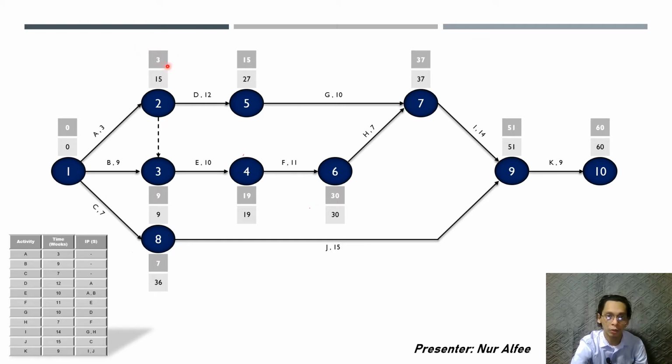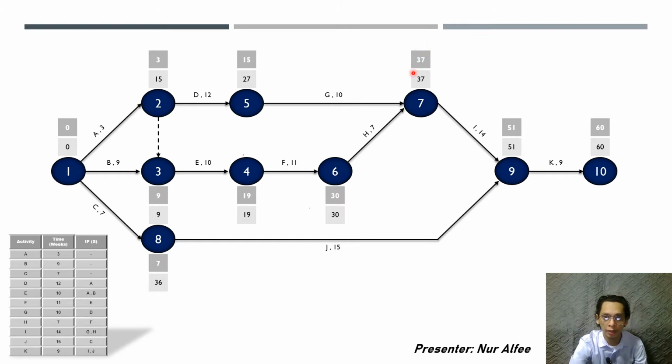Then moving on to the fifth event, event 2 with 3 weeks plus activity D with 12 weeks equals 15. Next is 15 plus 10 equals 25.